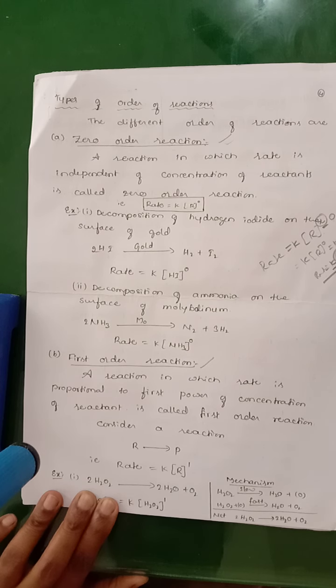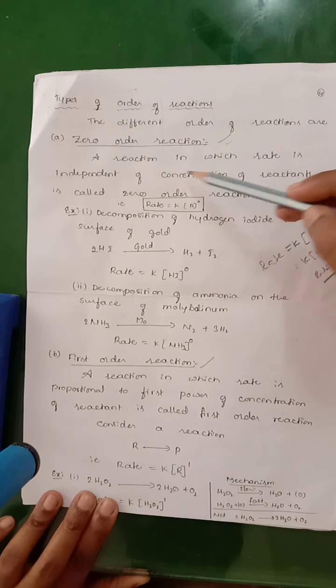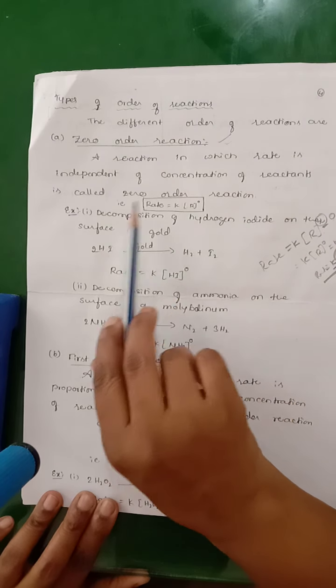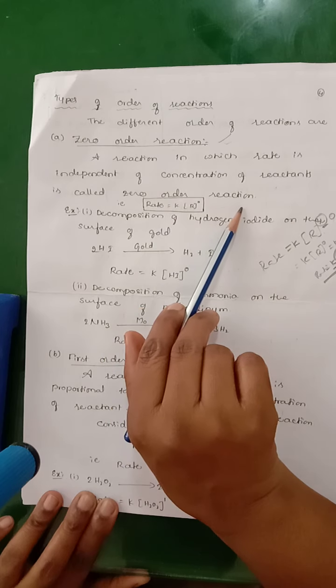Since because of the absence of concentration of reactant in this equation, it is called a zero order reaction. How can we define it? A zero order reaction can be defined as a reaction in which the rate is independent of concentration of reactant. So that type of reaction can be taken as a zero order reaction.